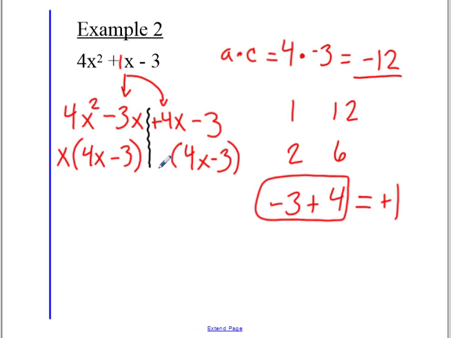The number that's going to do that is 1. 4x divided by 1 is still 4x. -3 divided by 1 is still -3. Now I've assured myself that the parentheses match. Our final answer is to write the matching set of parentheses, 4x minus 3, and the other factor comes from the two GCFs I found, x and 1.